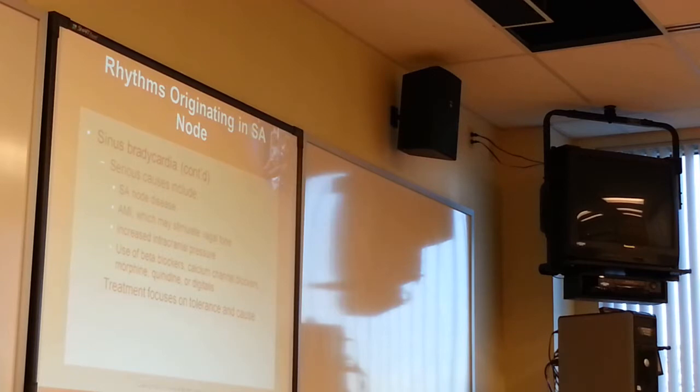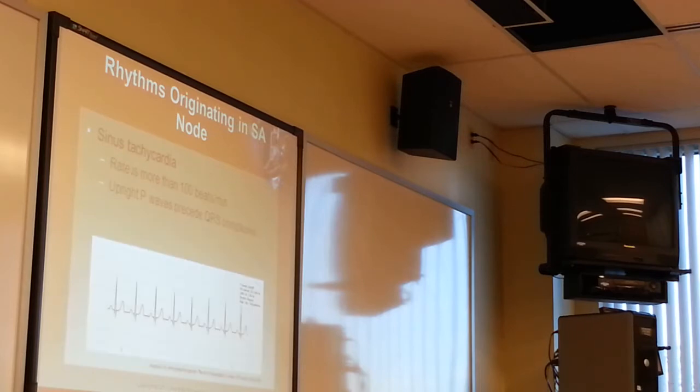What happened? People could have an MI and get out, and then all of a sudden they have some issue with their SA node. So, medicines again: beta blockers, calcium channel blockers, morphine, quinidine, and digitalis.